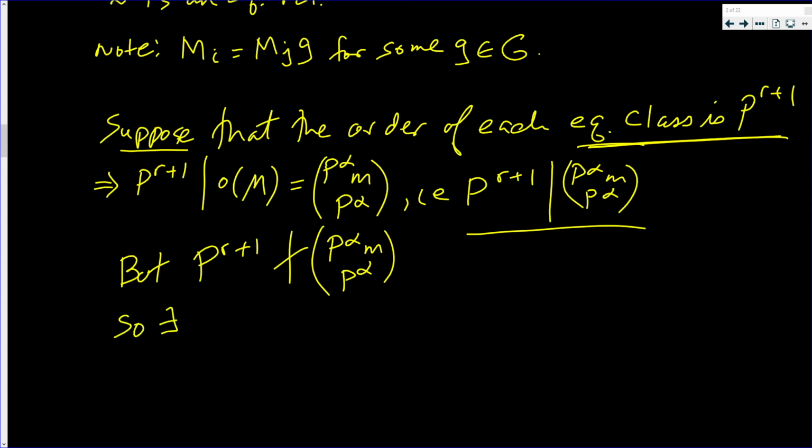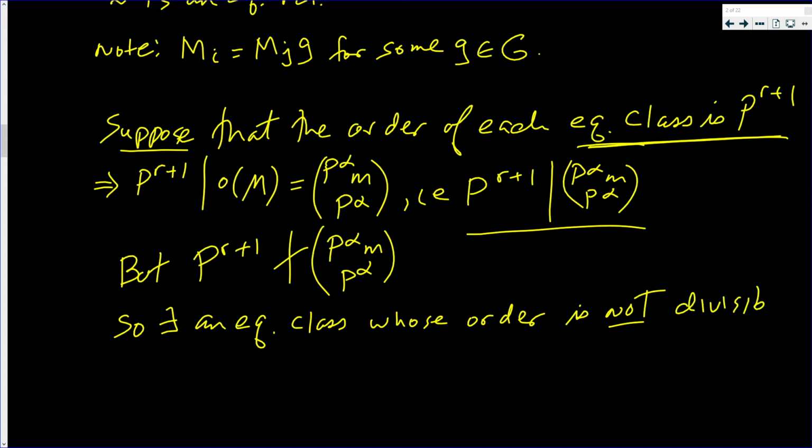So there exists an equivalent class whose order is not divisible by p to the r plus 1.